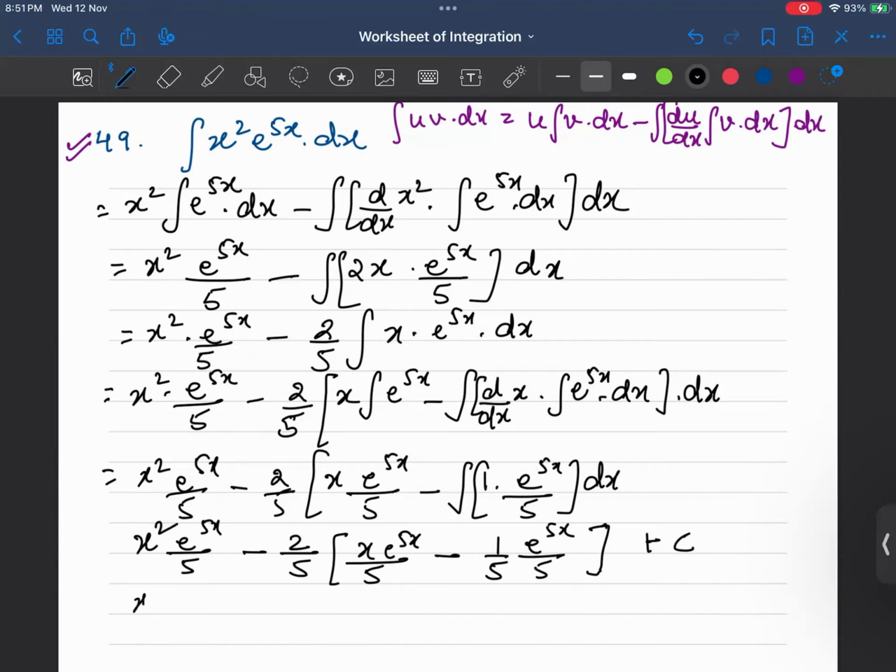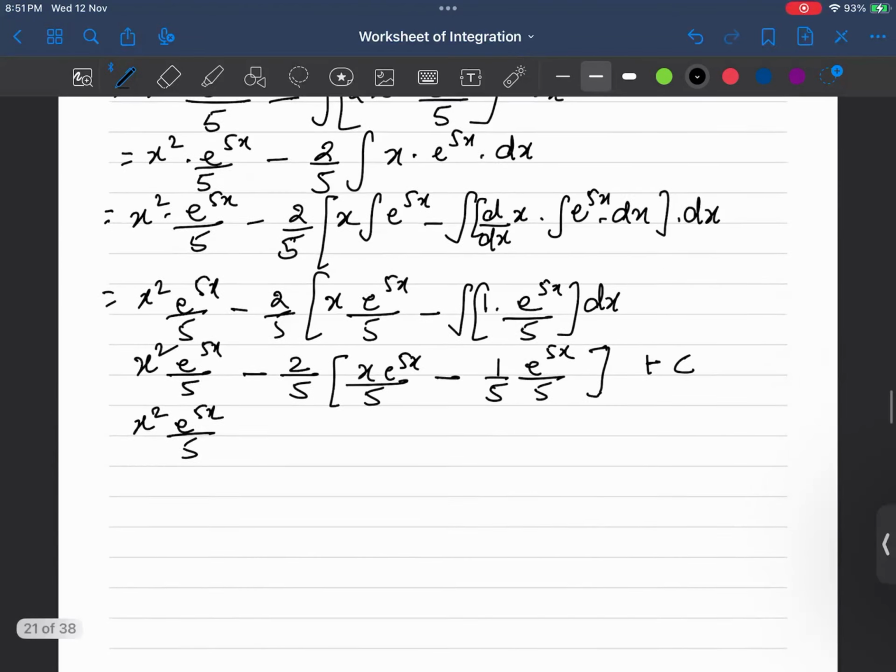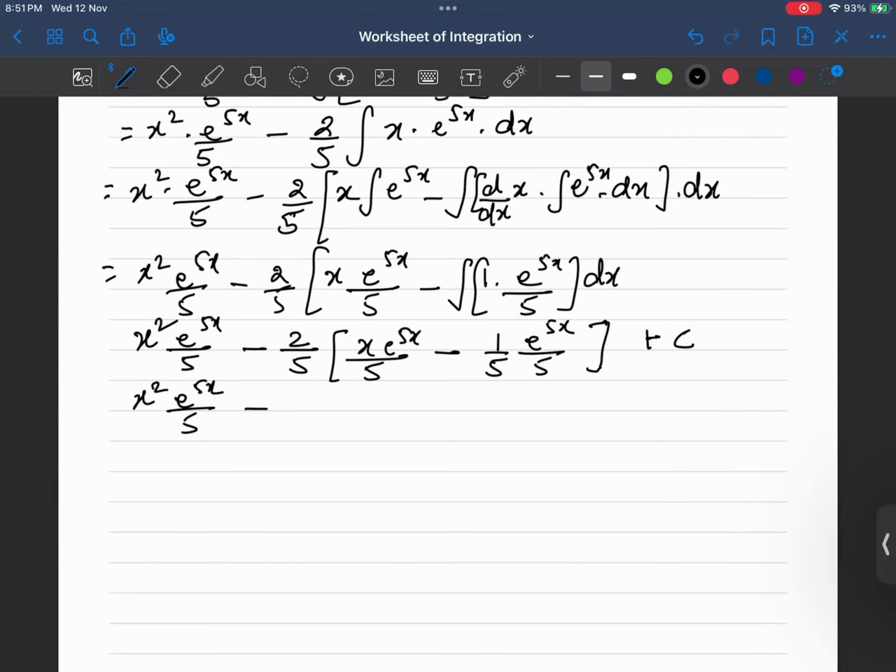Then x square e power 5x upon 5 minus, we will open it. It will be 2x e power 5x, 5 5s are 25, minus plus, it would be 2 upon 25, 25 and 5, 125, e power 5x plus c.